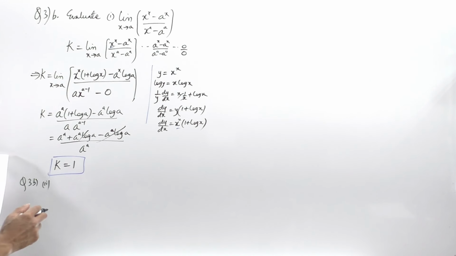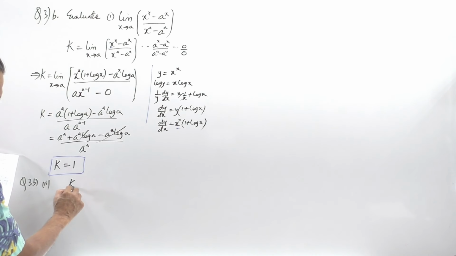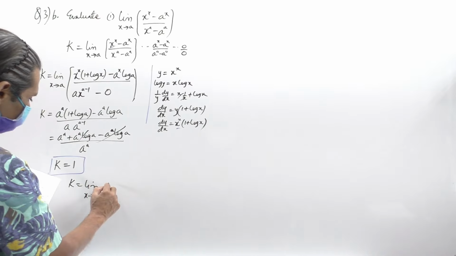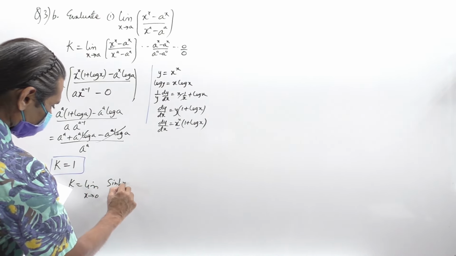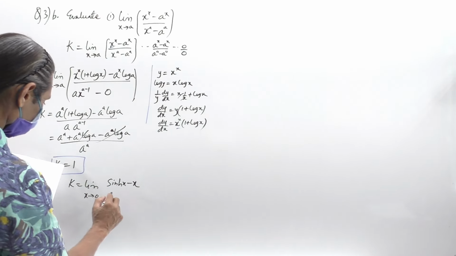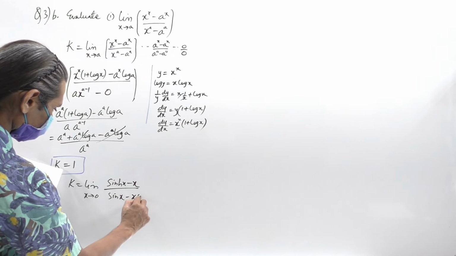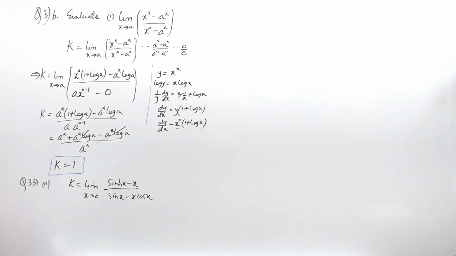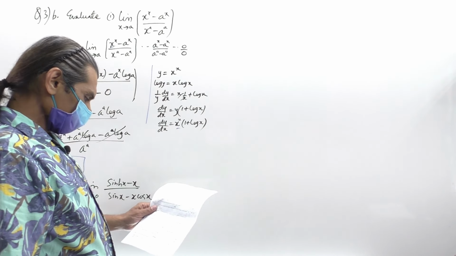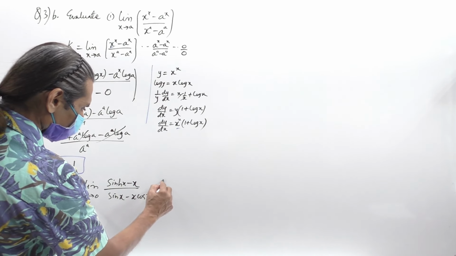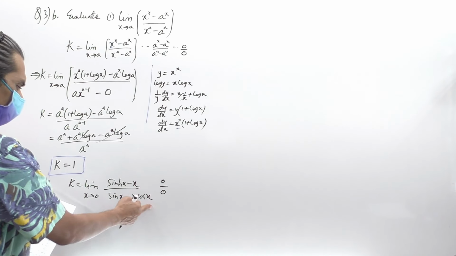Now I write it directly: k is equal to limit as x tending to 0 of sine hyperbolic x minus x upon sin x minus x cos x. This is the problem given. So first assign k here. If you apply the limit, because limit is x tends to 0, right? Sin hyperbolic 0 is 0, and sin 0 is 0, so this will be 0 by 0.